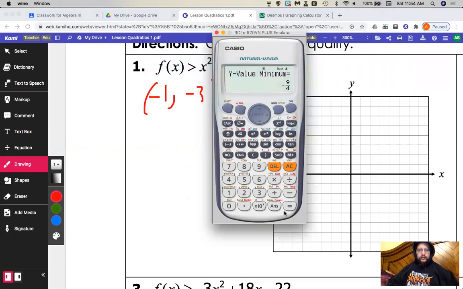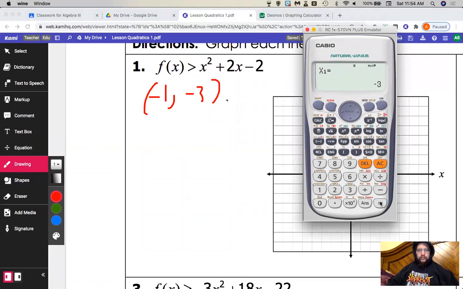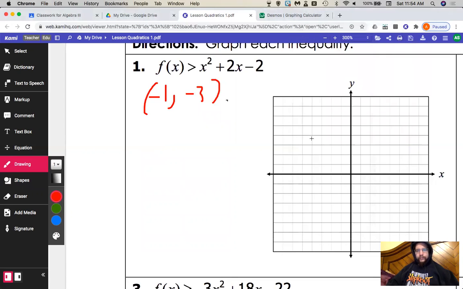Before I continue. Two, negative 1, negative 3. Okay. The product.